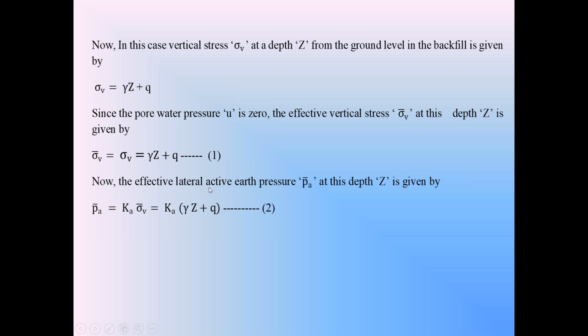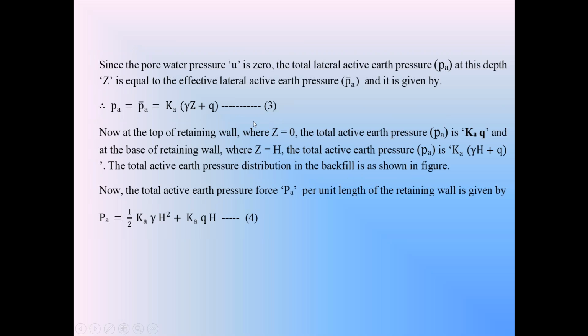Then according to Rankine's active earth pressure theory, the active earth pressure at a depth z from the top of the backfill is given by Ka into sigma v dash, that is Ka into gamma z plus q. Check this equation please. In this equation, if z is equal to 0, that is at the top of the backfill, from this equation 3, the active earth pressure Pa at the top of the backfill, the depth z is 0.